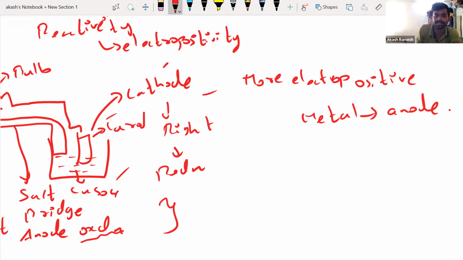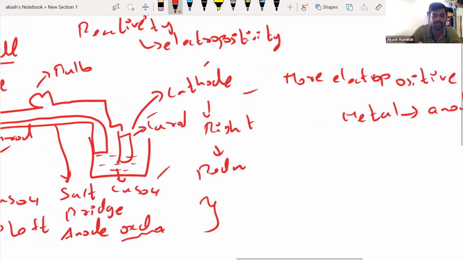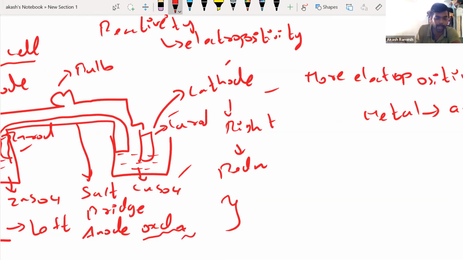Why? Because when I say electropositive, that means they are going to lose electron, and that's exactly what we have in the case of oxidation, right? In the anode, I need to have oxidation happening. So whichever has more tendency to undergo oxidation, or in other words, more tendency to lose electron, that should be the anode.